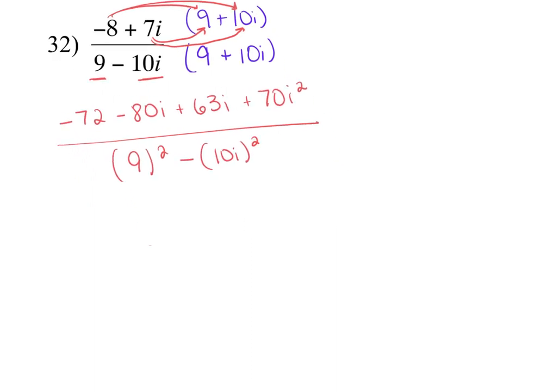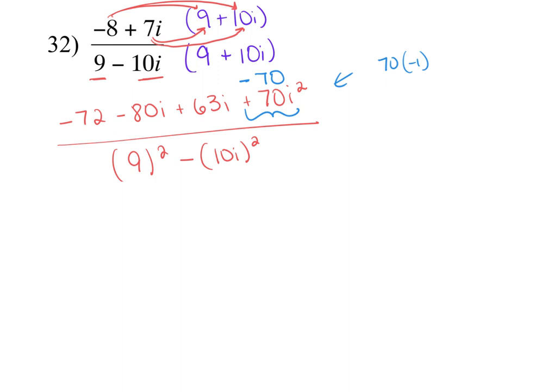I am going to simplify my numerator. Positive 70i squared. i squared equals -1. So when you have an i squared next to a number, it's just going to change the sign and the i will go away. This is the same thing as 70 times -1. That's what i squared is. So this plus 70i squared becomes minus 70. Okay?